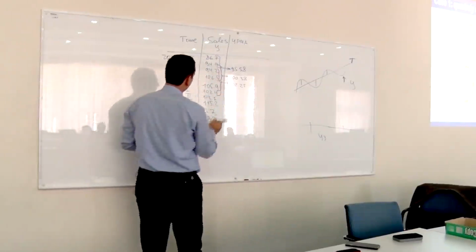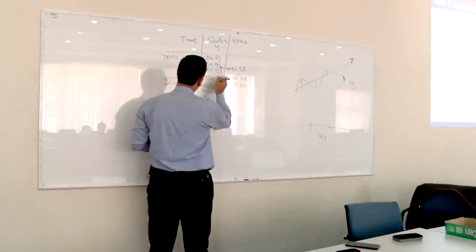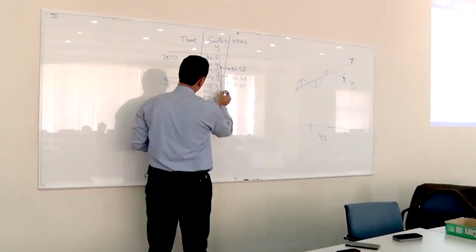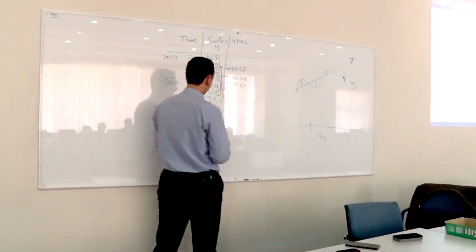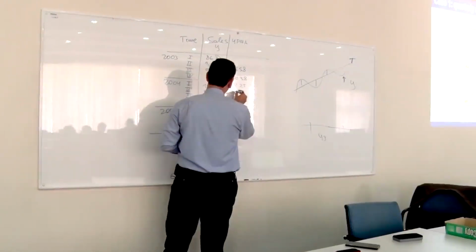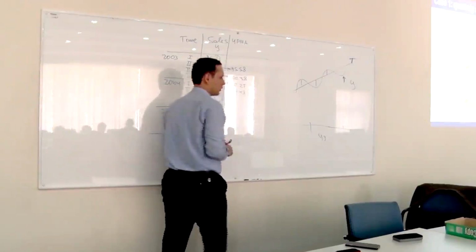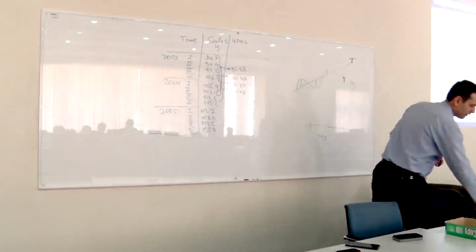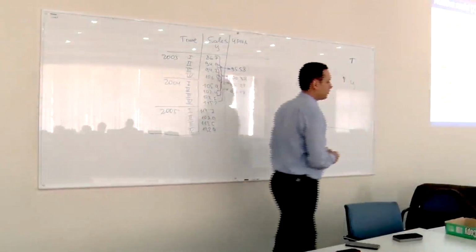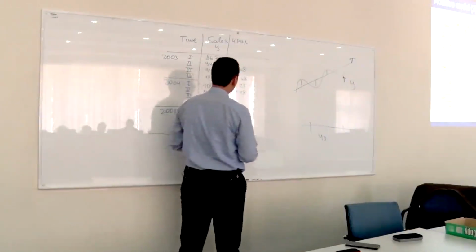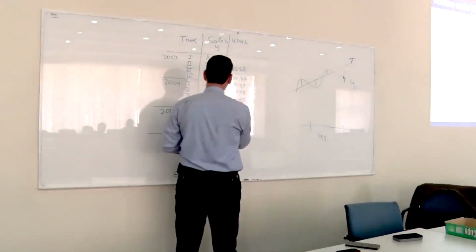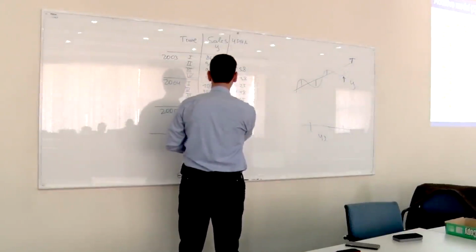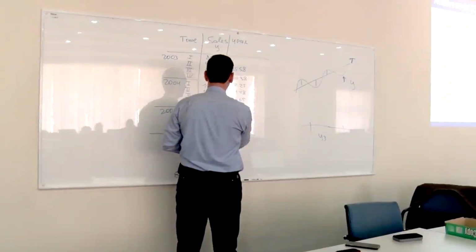Then we take the next four, starting from the fourth one, and write it here. 104.48, right? So 104.48, then 106.65. That goes in between these.